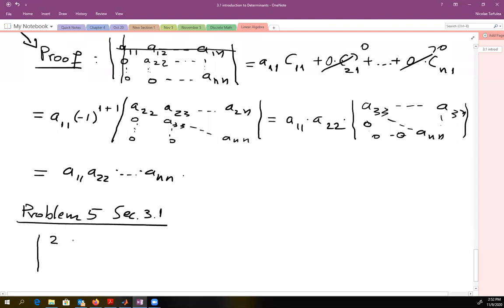2, 3, negative 3, 4, 0, 3, 6, 1, 5. Okay, so this equals what? We need to use the first row, so we're using a cofactor expansion across the first row.